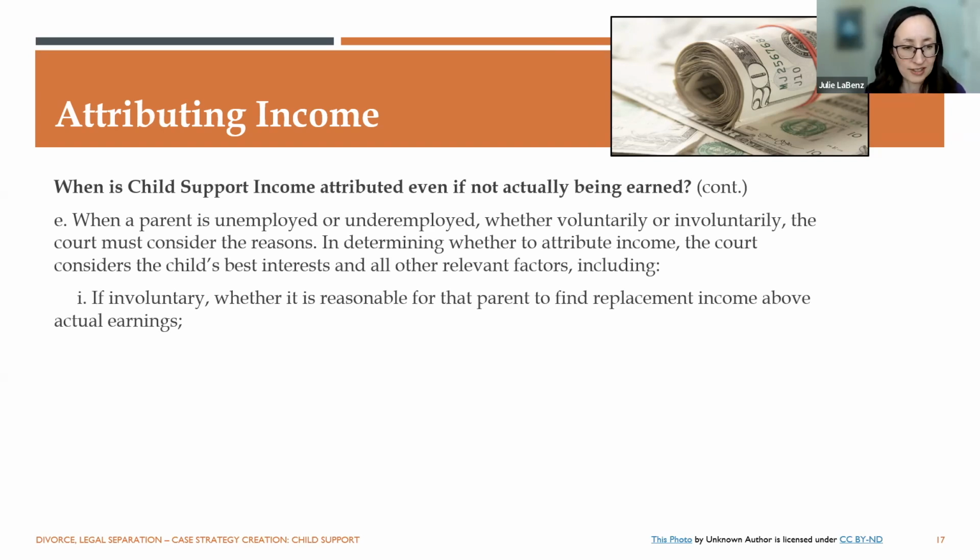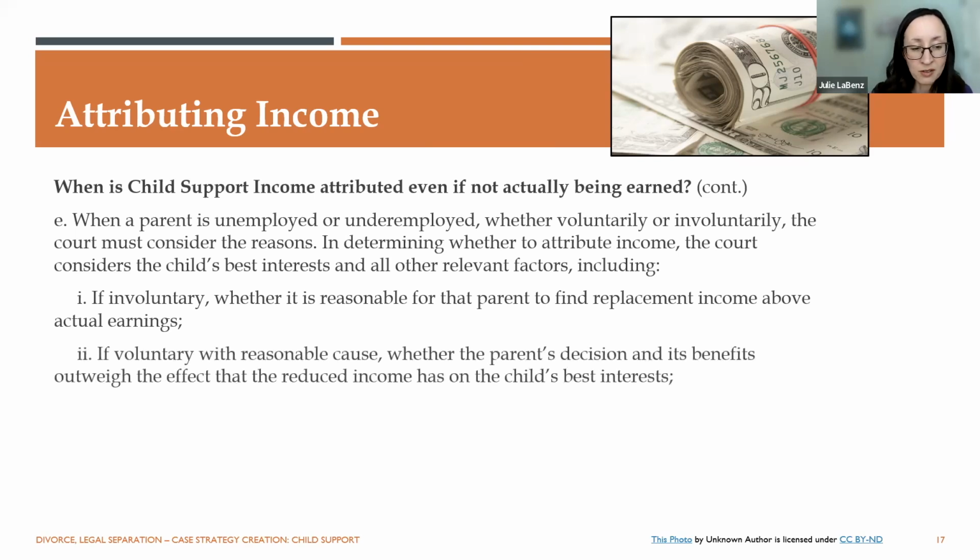And then also, the court's going to look at these additional factors. If you are unemployed or earning less than you're capable of, and it's involuntary, then is it reasonable for that parent to find replacement income above actual earnings?